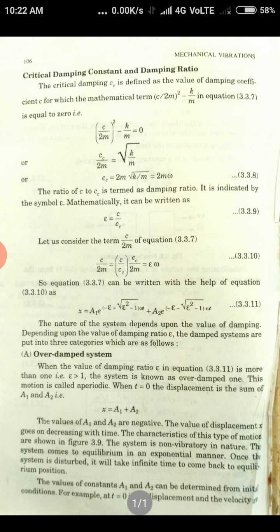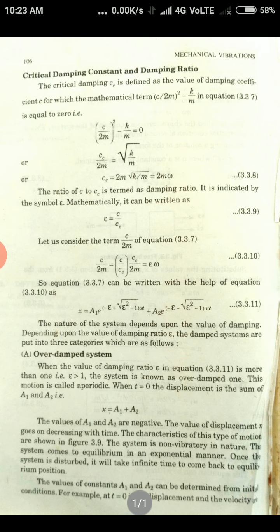Rewriting this, C/Cc is the ratio of the damping coefficient C to the critical damping coefficient Cc, which is the damping ratio epsilon. And Cc/2m, from equation 3.3.8, is nothing but omega. So you can write C/2m equals epsilon omega.